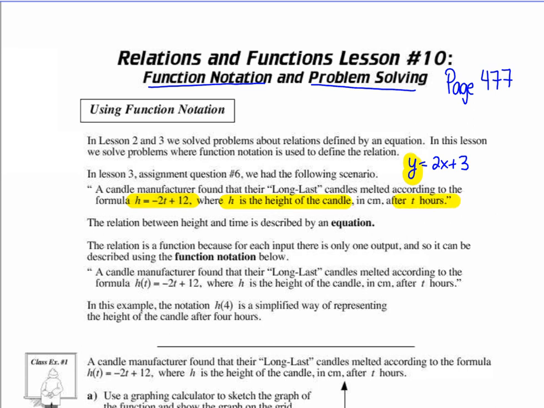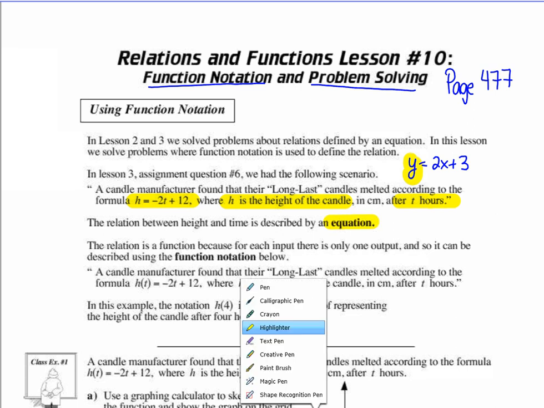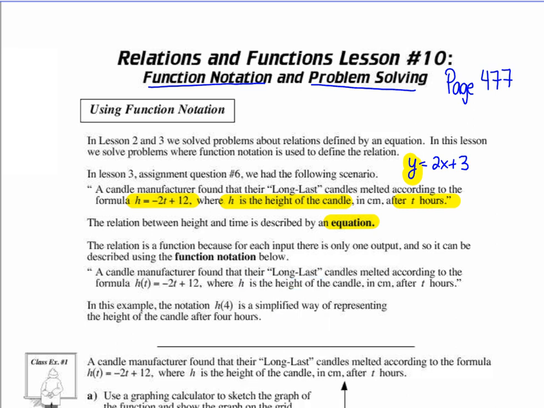If I wanted to write that as functional notation, it wouldn't make sense to use y equals, because we want to use the variables h and t. Our y variable, our dependent variable, our output, would be h, our height, and our input is time.